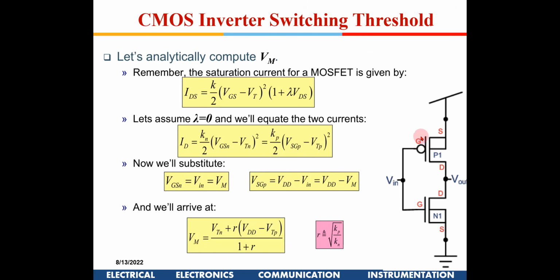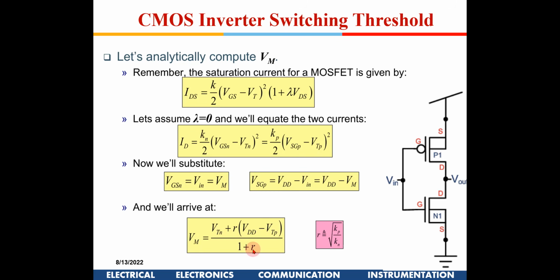For the PMOS, this is Vin and this is VDD, so it is VDD minus VM. Here I write just VM minus VTN. Equating these two equations, I get this equation for VM. Is this okay with all of you?